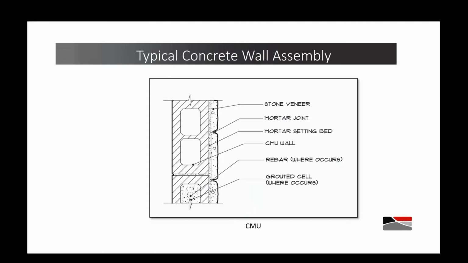So let's talk about concrete wall assembly and tilt-up panels, poured in place, that kind of thing. With CMUs, like you've got in the detail on the screen now, you can apply thin natural stone veneer directly to that, provided the surface is clean, clear of paint, oil, grease, or anything else that will inhibit the bond.